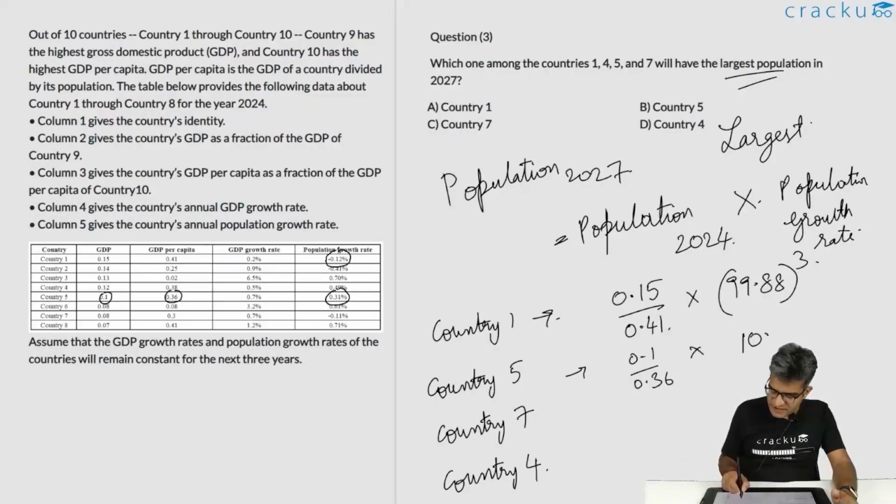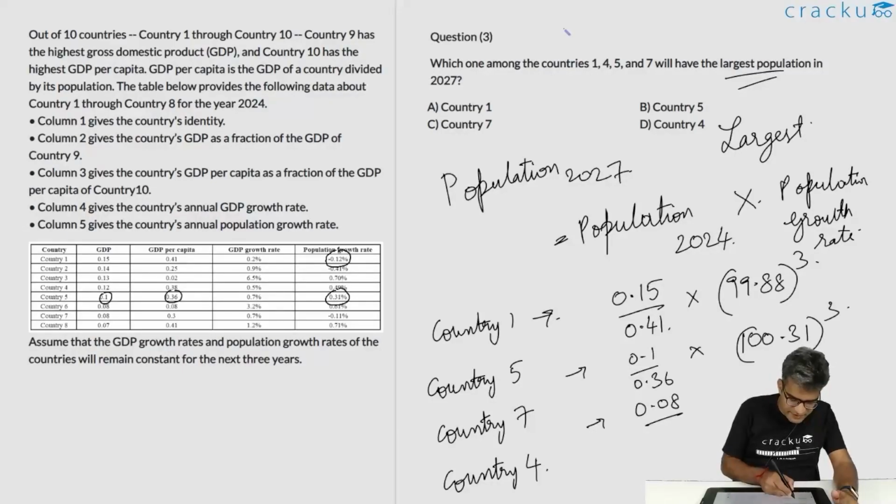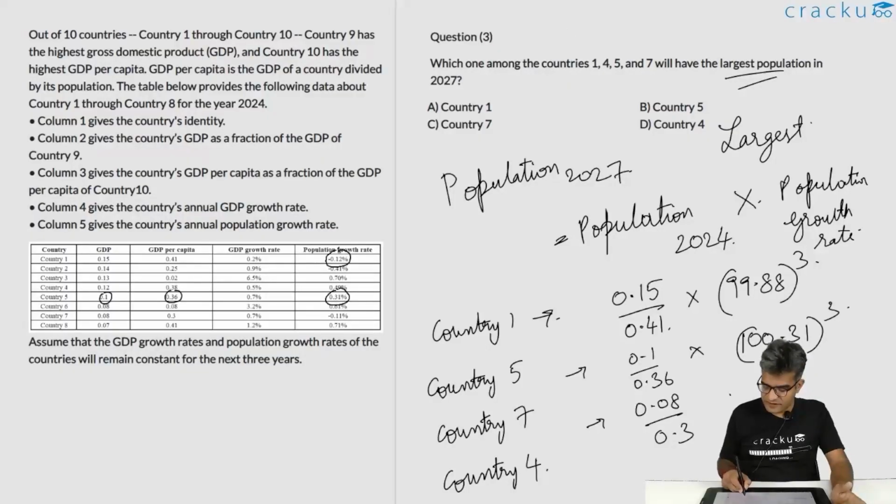So, you are multiplying it with 100.31 whole cube. For country 7, it is 0.08, which is the GDP, divided by 0.3. This is the population in 2024 into the population growth rate for 3 years, which is negative 0.11. So, this is 99.89 whole cube.